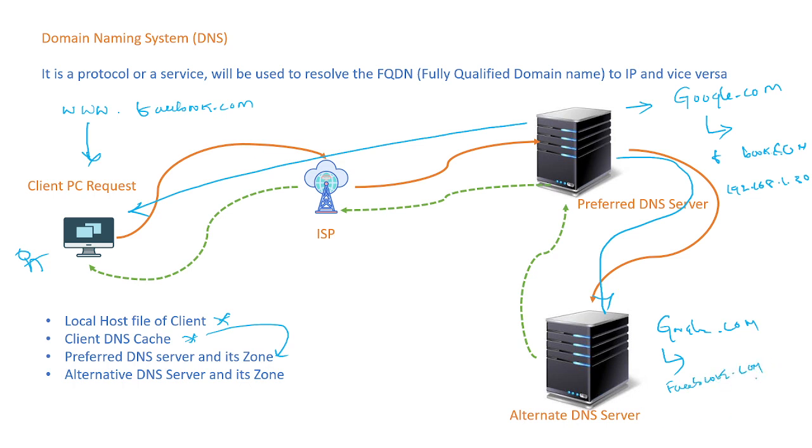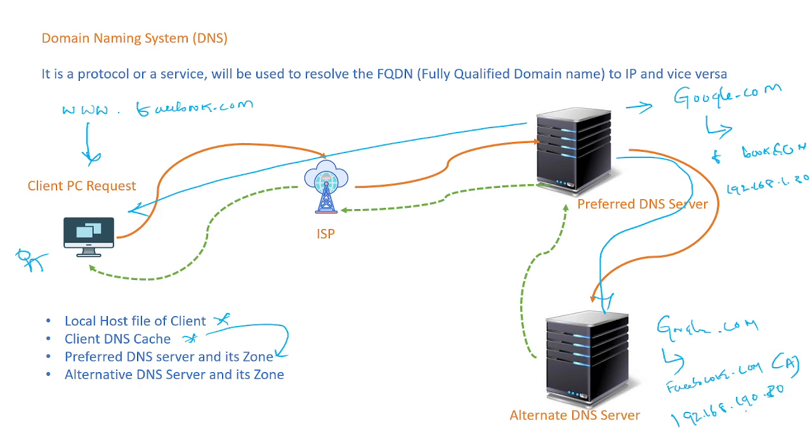If it has a record, the record can be anything, an A record or a PTR record. Since I am looking for the name facebook, we call it an A record. If the A record is present, it will also have an IP address, 192.168.190.30.